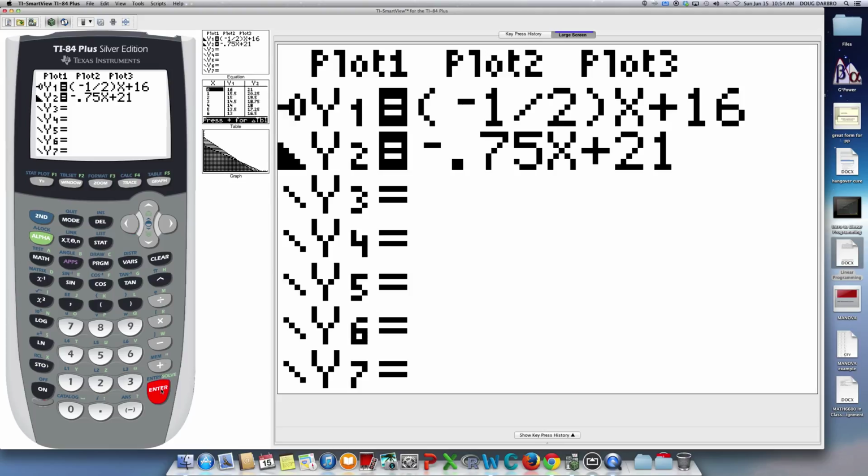I want to go back and just see lines because it's going to be a lot easier to visualize the feasible region if I just look at lines. So I'm going to put this back to the default. Okay, so you can see over here both are back to the default.